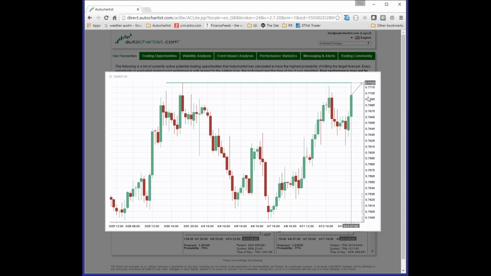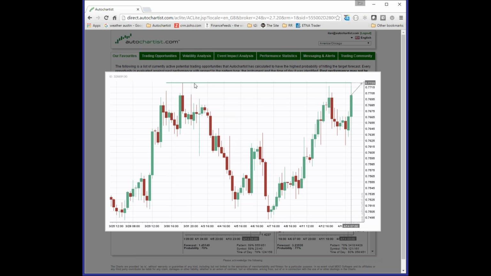So I might look at this and say, this is potentially an opportunity that I wouldn't trade right now. I might want to wait a few more hours to see if the price continues to move up or has a breakout through this level in order to trade long, or I might wait for a pullback down to 0.7690 or so and then trade short, because that indicates to me that it's bounced off the 0.7695 level again, which it's done in the past numerous times.